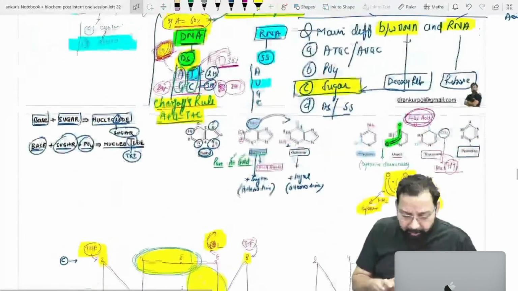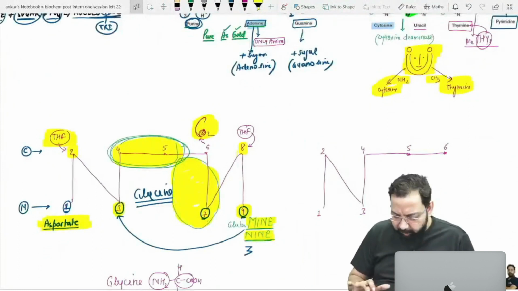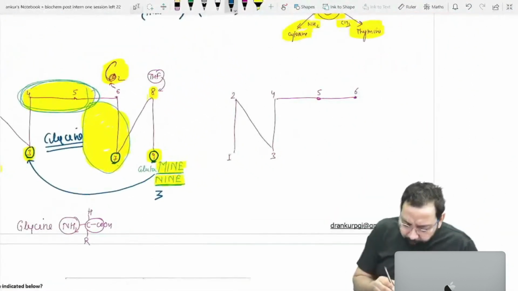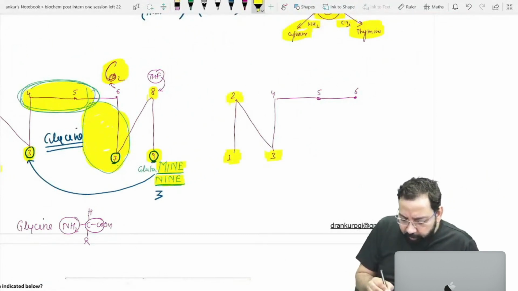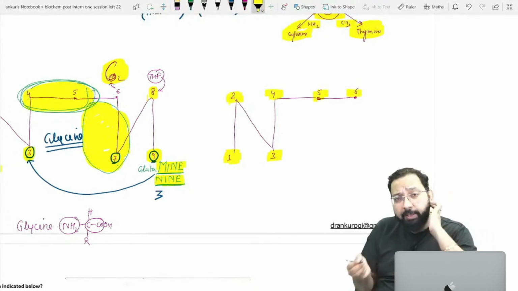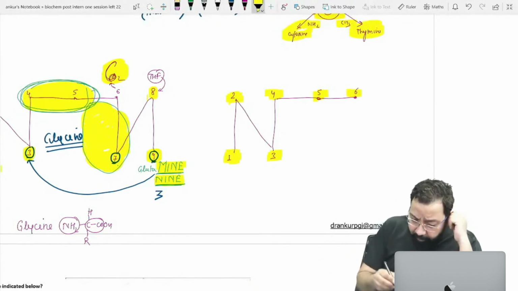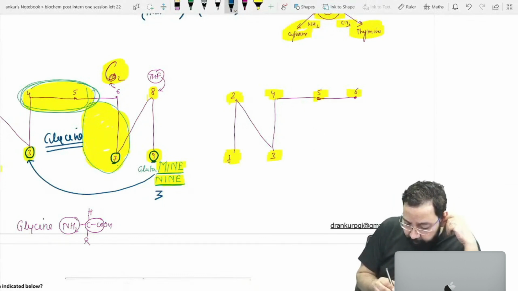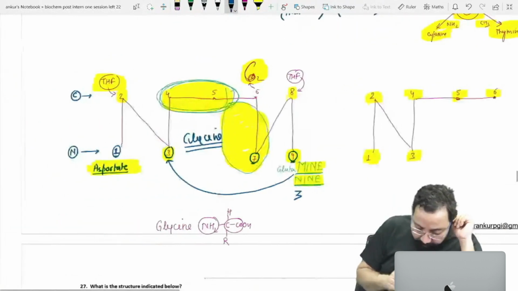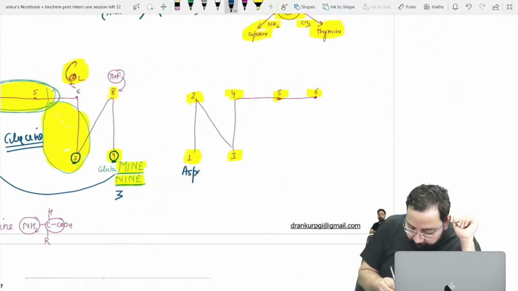You can remember by this structure also, but I say this mnemonic is useful. 1, 2, 3, 4, 5, 6: upper ones carbon, नीचे वाले nitrogen, lower ones nitrogen.